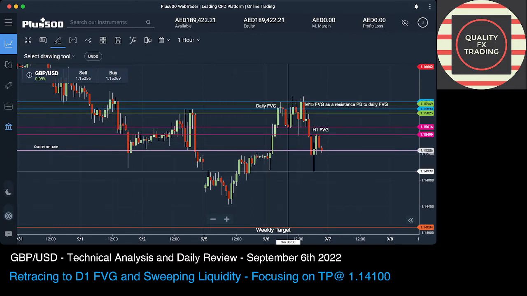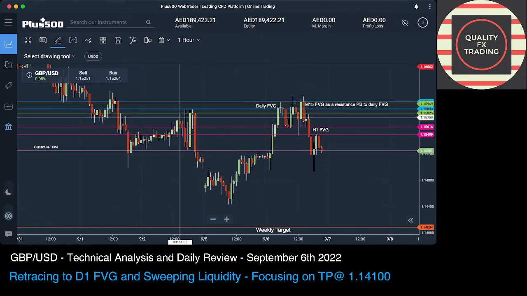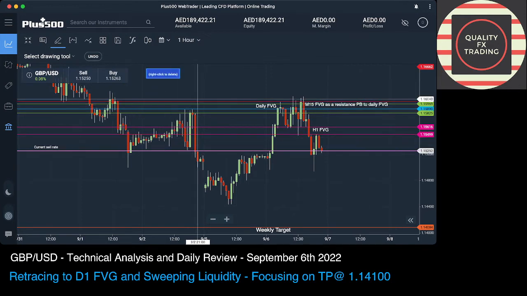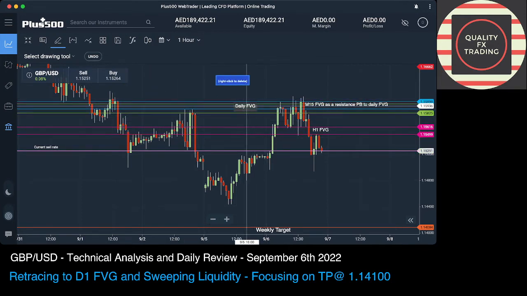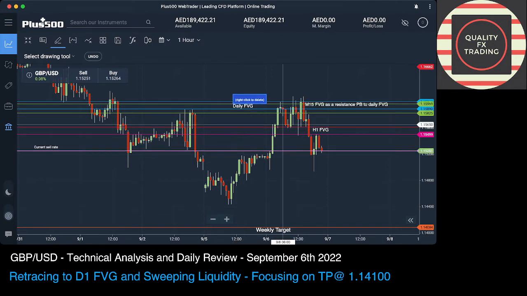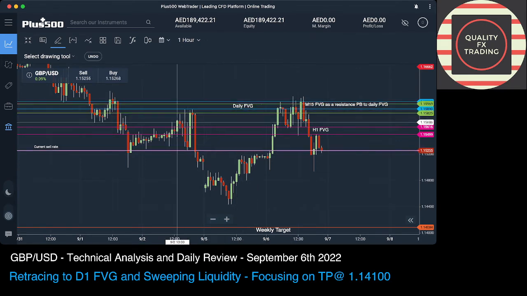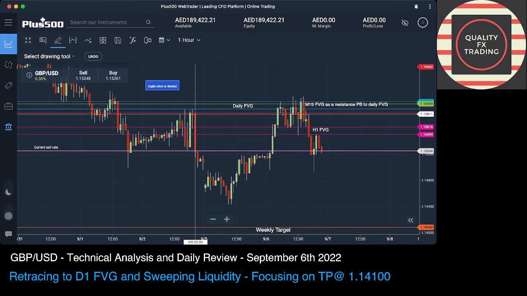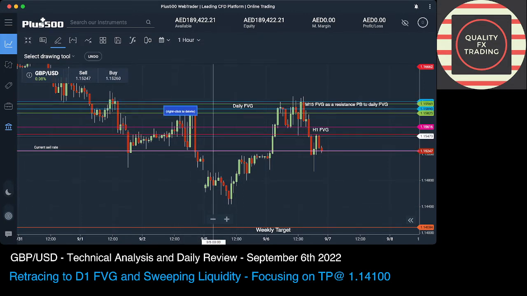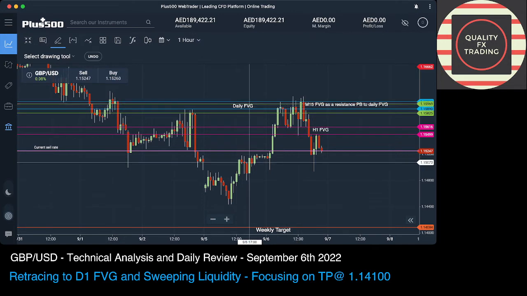But if you are not getting a sell setup, what I emphasized was the level above this high, the liquidity above this high, coinciding with the daily fair value gap. So the price delivered to this daily fair value gap, sweeping stop losses, the liquidity pool above this high, which we call a liquidity run.